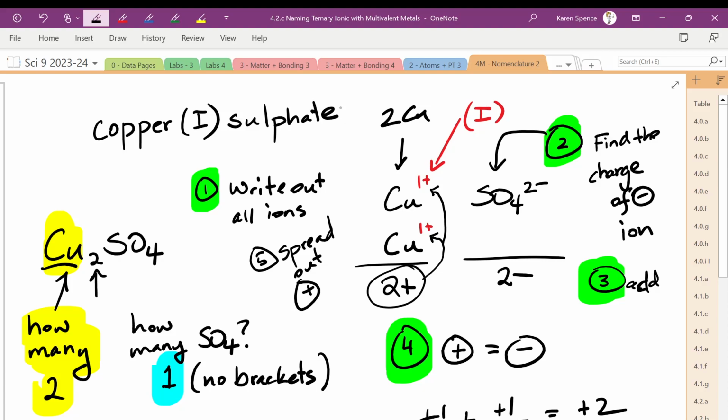Just remember that's on the outside of the bracket, so that's how you can.